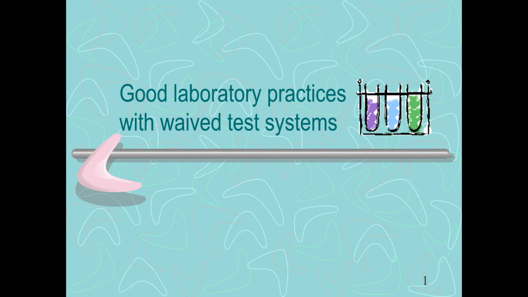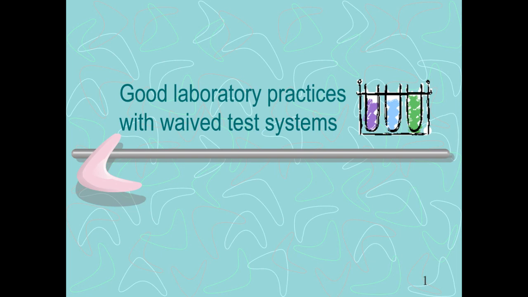When we talk about CLIA waived, you will want to ask if your facility has a CLIA waived designation. A CLIA waived designation means that the Department of Health and Human Services has come in and said it was okay for those specific labs to be done in your location.